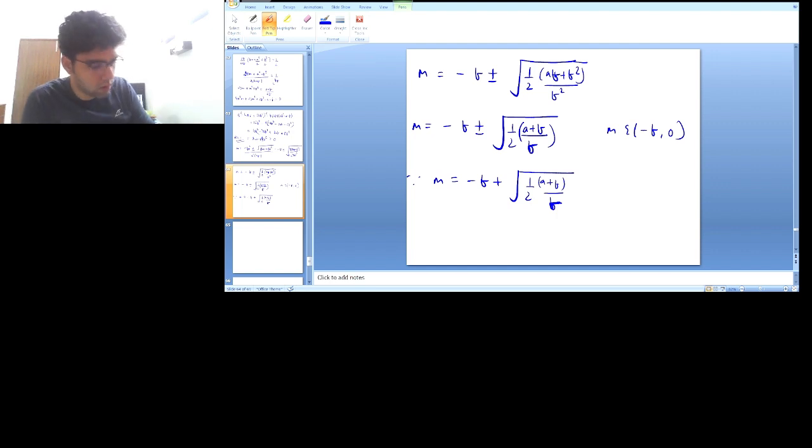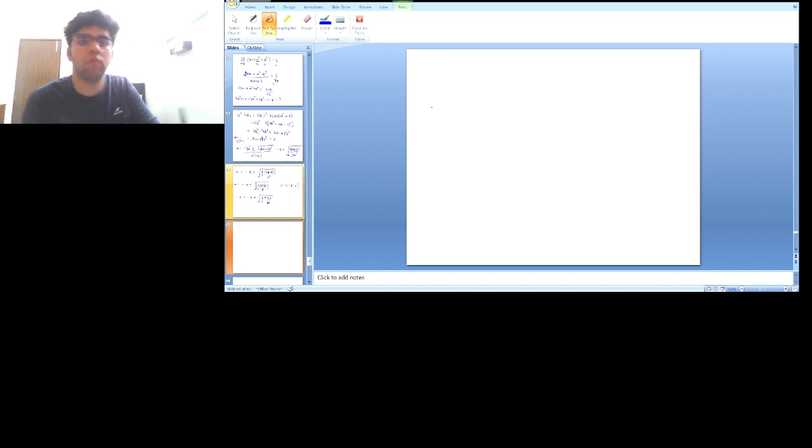Yes, so let me find the other values for m. Now let m belong to 0 and a, so I already calculated the CDF for any x lying between 0 and a, the CDF, right?